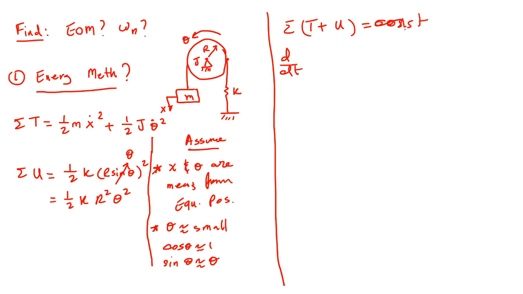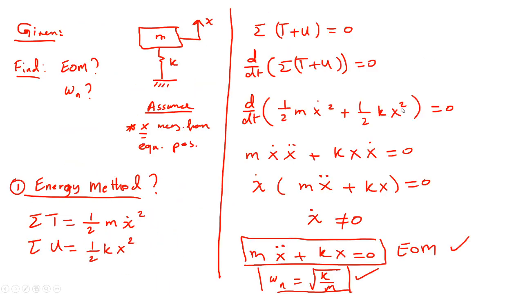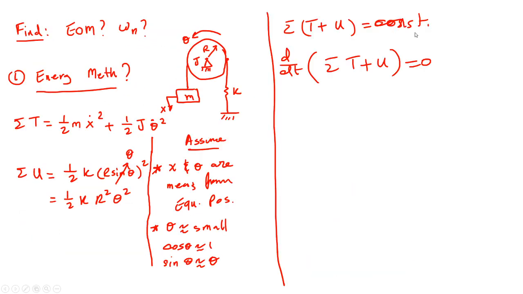So the time derivative of the total kinetic and potential energy must be equal to 0. I forgot from the previous example, I said 0 there, it's not 0. This is constant, so the time derivative is equal to 0.